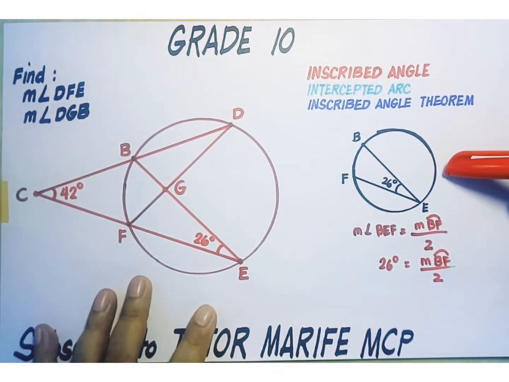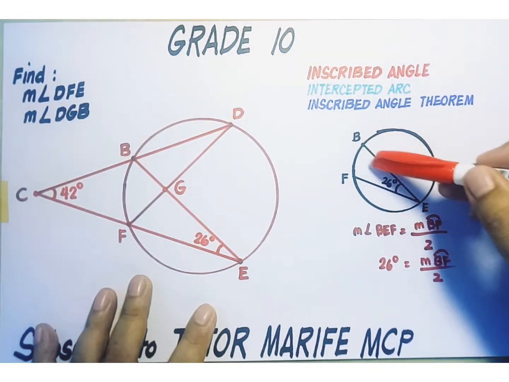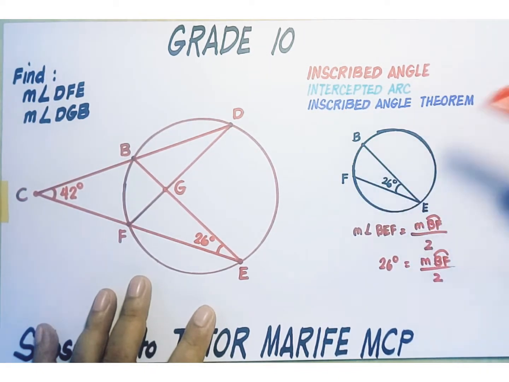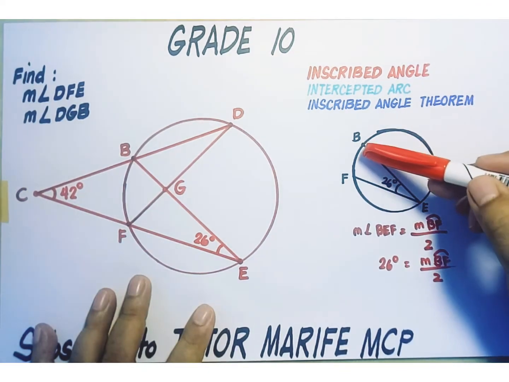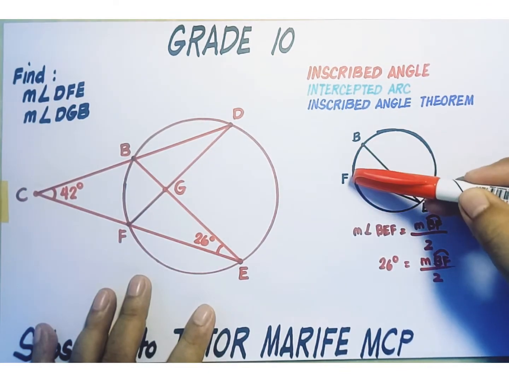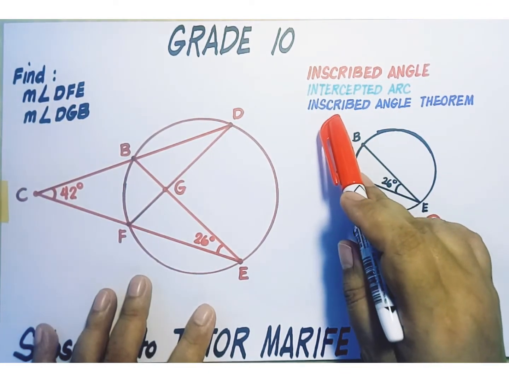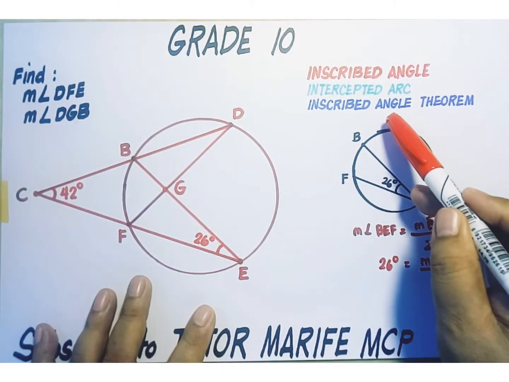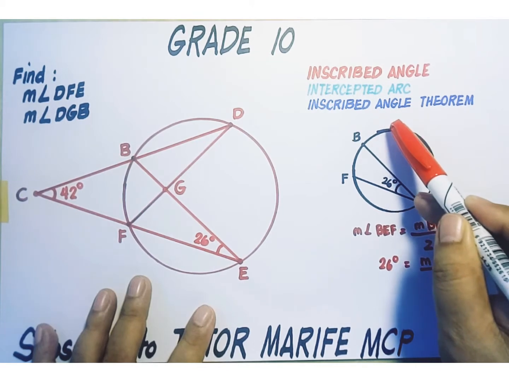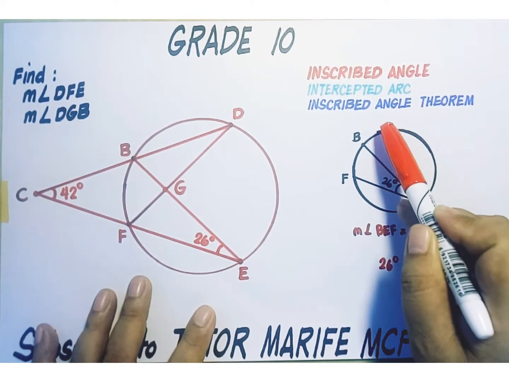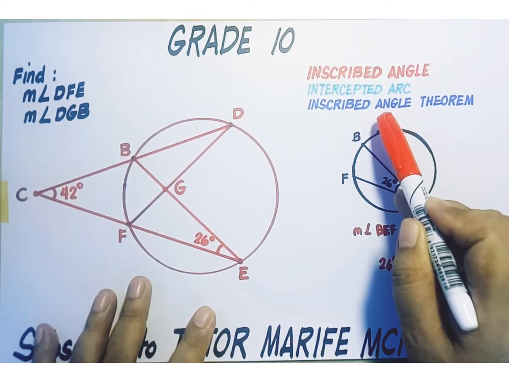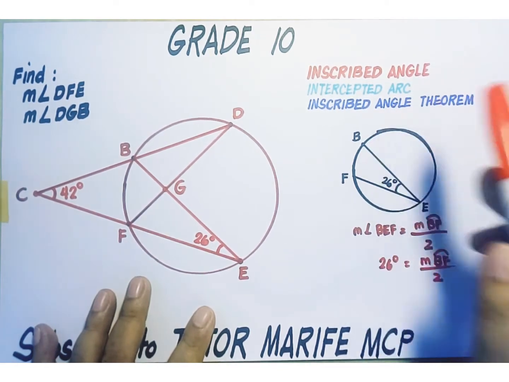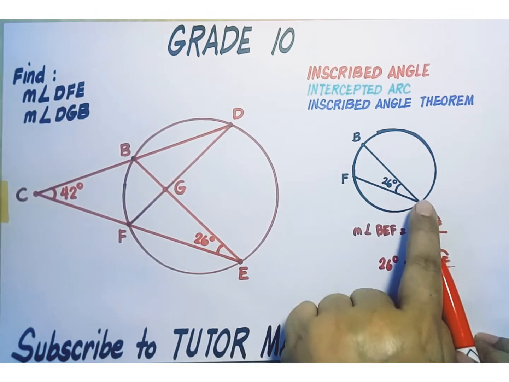Now that we have identified inscribed angle BEF and its intercepted arc BF, we can solve for the measure of arc BF by applying the inscribed angle theorem. This theorem tells us that the measure of an inscribed angle is 1/2 of the measure of its intercepted arc. Let's apply the theorem in writing our equation.